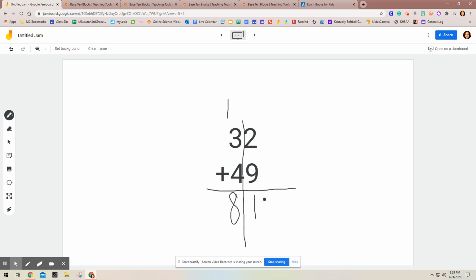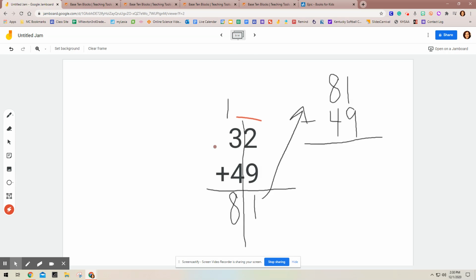Again, what can we do to check this? We can subtract and make sure that our fact families line up. A sum is the answer to an addition problem. I'm going to subtract my sum by one of these other numbers in our equation. Okay, so I've got 81 and 49. So I'm hoping that my difference is 32. Let's see.